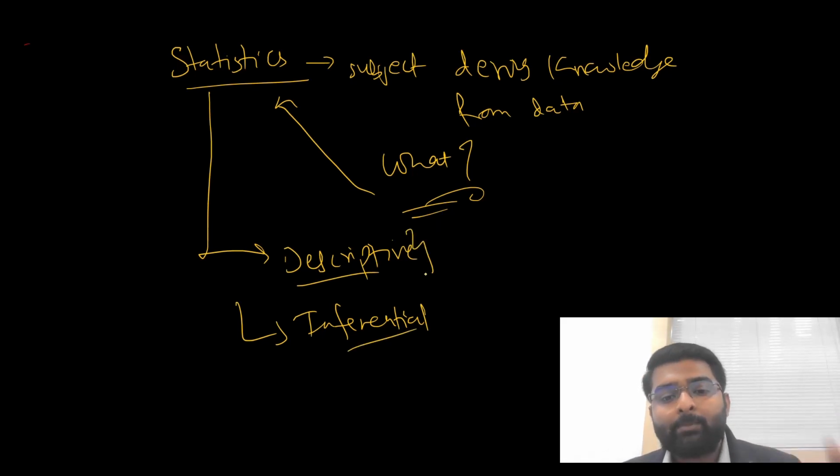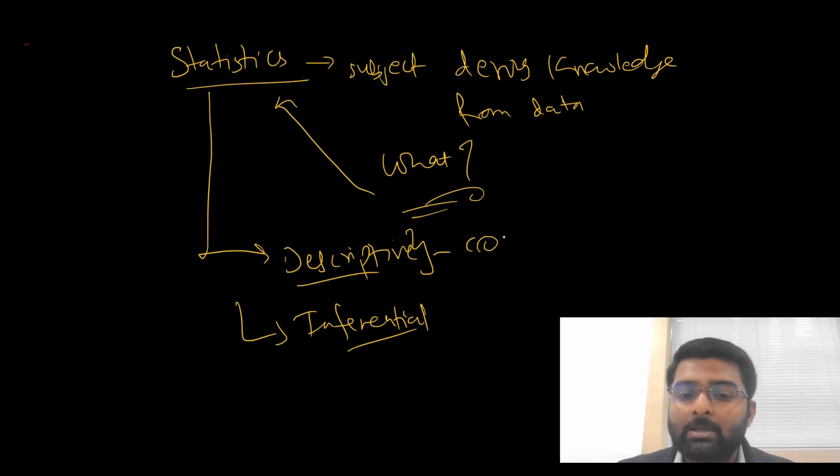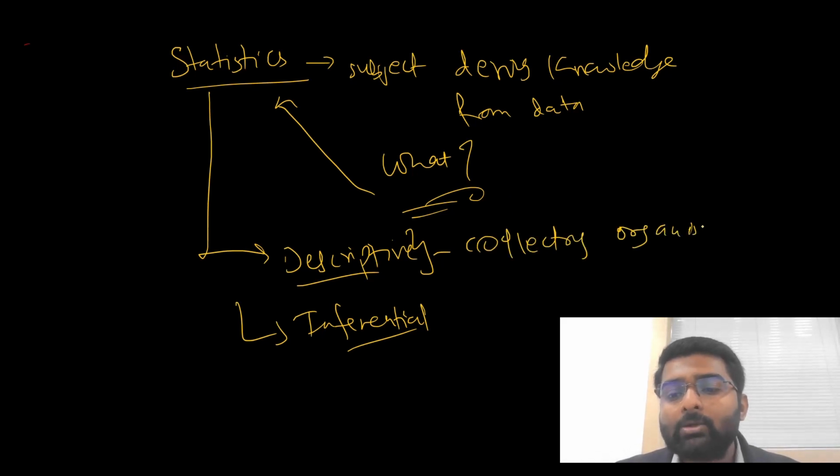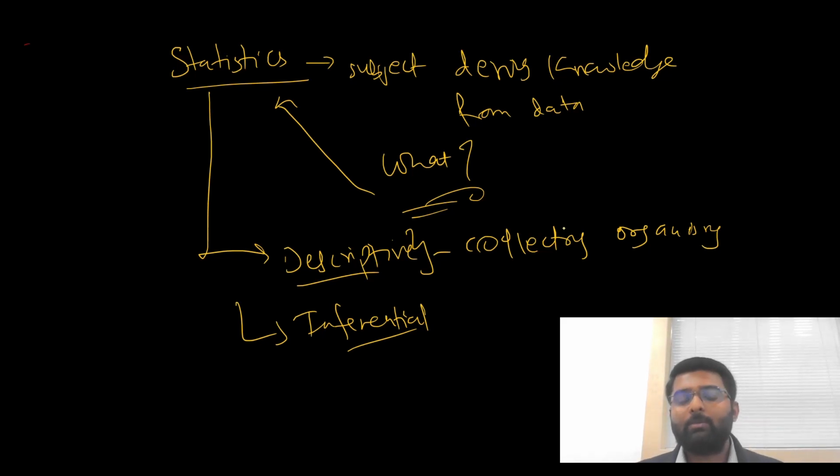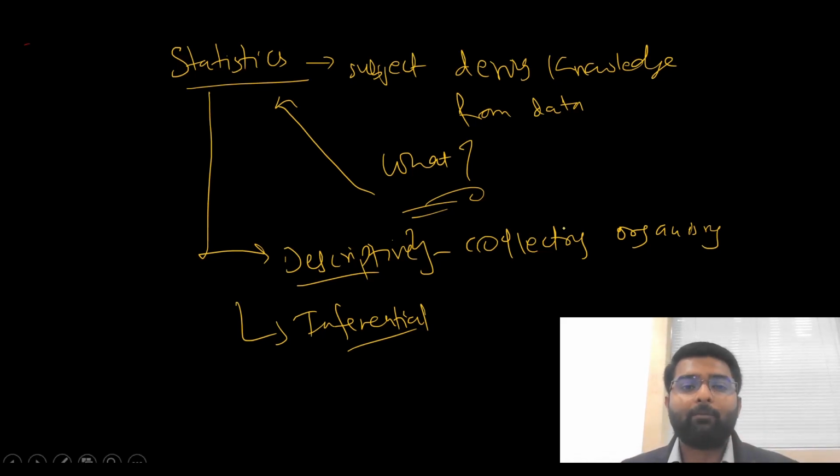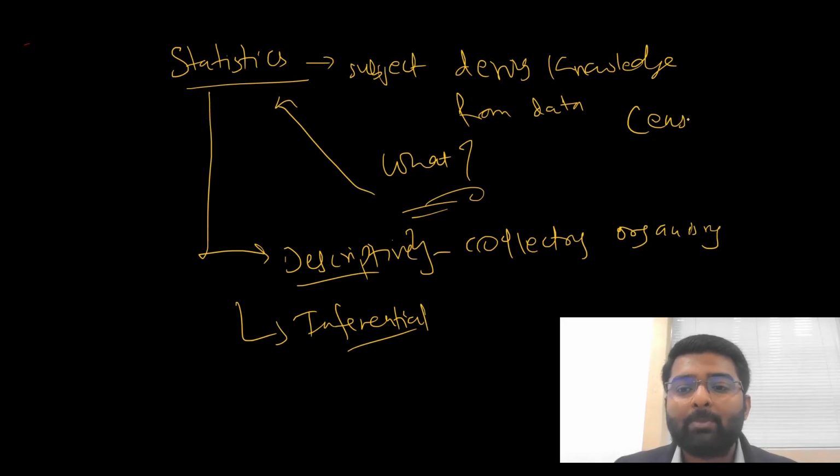Descriptive statistics is only about collecting the data, it is only about organizing the data. For example, we have census. Census happens every 10 years in India. So it happened in 2001, it happened in 11, it happened in 21, it will now happen in 31.